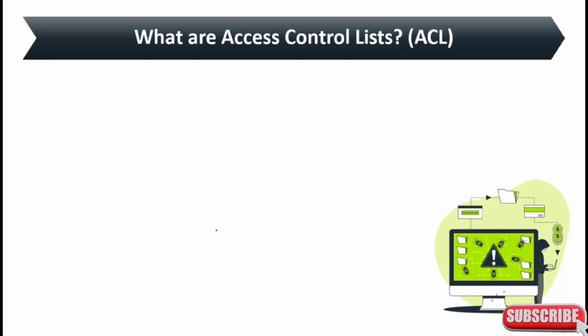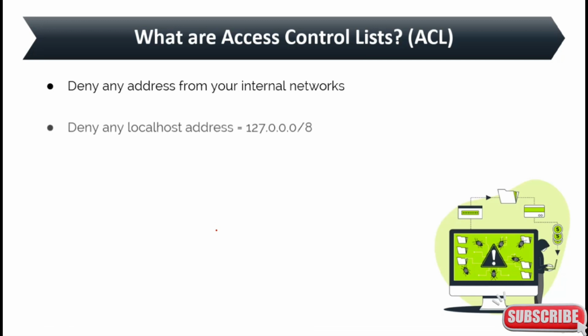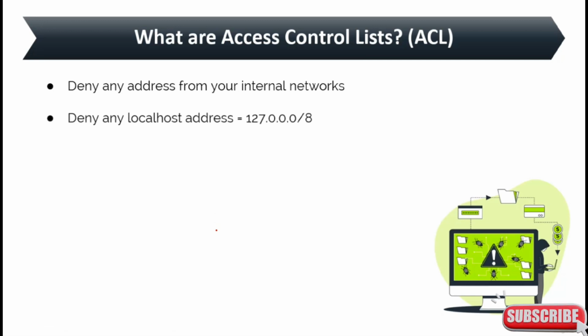Now, when configuring access control lists between the internet and your private network to mitigate security problems, it is a good idea to deny any address from your internal networks, then deny any local host addresses, that is 127.0.0.0/8, and deny any reserved private addresses.